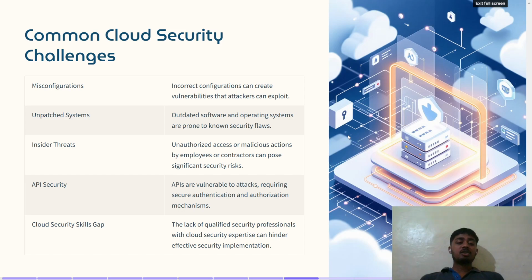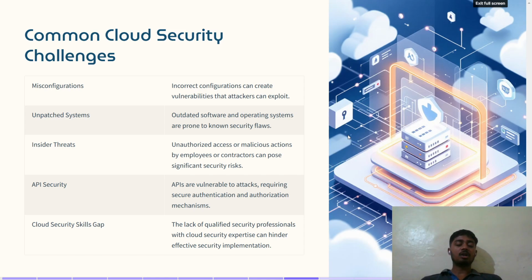Now, coming towards common cloud security challenges. The first one is misconfiguration. Incorrect configuration can create vulnerabilities that attackers can exploit. The second point is unpatched systems. Outdated software and operating systems are very prone to security flaws. Insider threats: unauthorized access or malicious actions by employees or contractors can pose significant security risk.